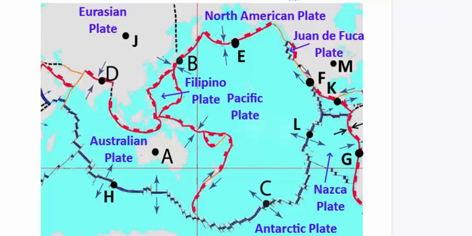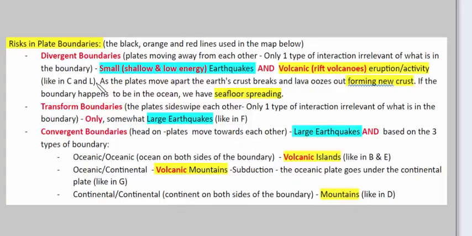Now, what do we get out of the plate boundaries? If they are divergent boundaries, it does not matter if they are oceanic, continental, or continental-oceanic for our purposes for this course. The main thing we get from divergent boundaries is that the plates are moving away from each other. So what are they going to do?